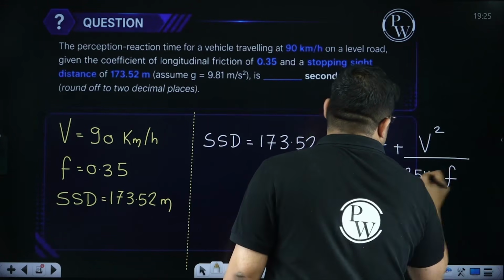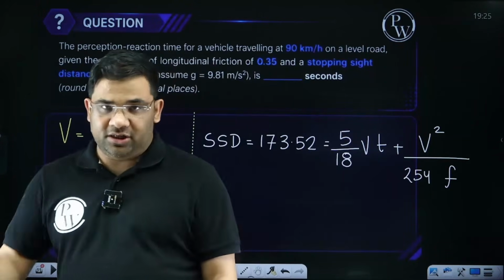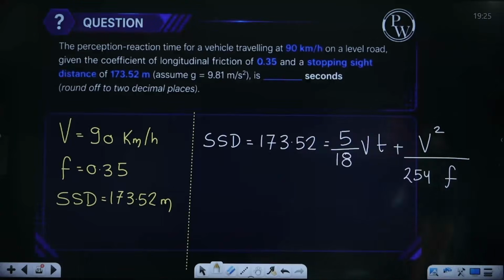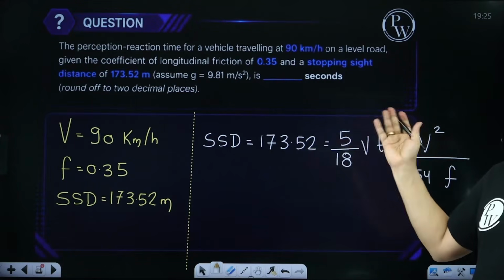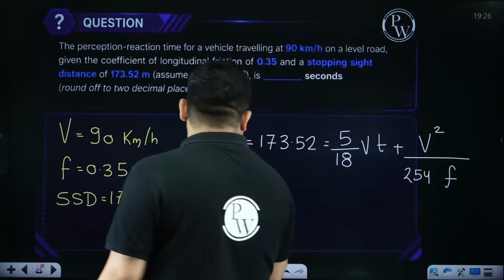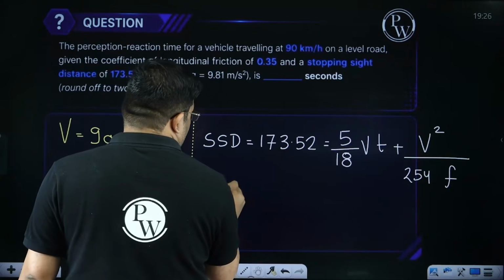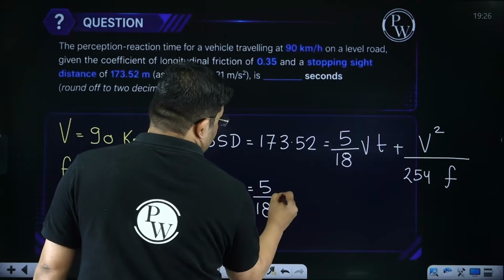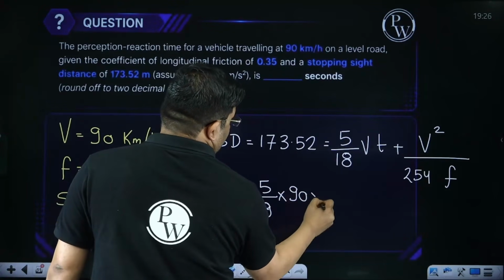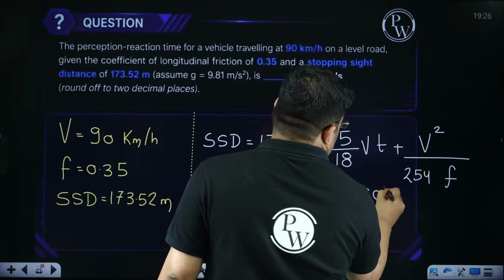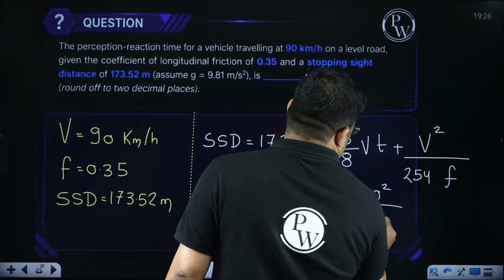Here it will only be F because the gradient is not mentioned here. So we'll take the gradient as 0 here. Or I can say F plus 0.01 N, and N is 0. We'll only get F. So from here, 173.52 will be equal to 5 by 18 into 90, the speed is 90, into T, plus 90 square divided by 254 into F.